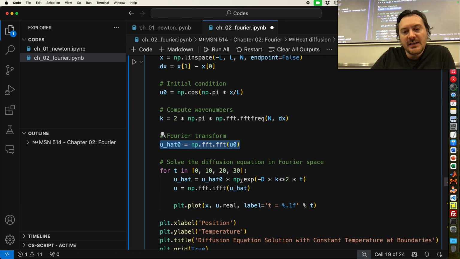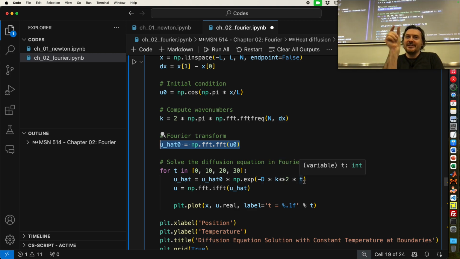Then we multiply it with, since we know that the derivative is k squared, exponential minus the diffusion constant times k squared times t. We don't even go discretely, like delta t, delta t, delta t, delta t. We just can go straight, multiply every coefficient with e to the minus. Do you understand it? Yes.